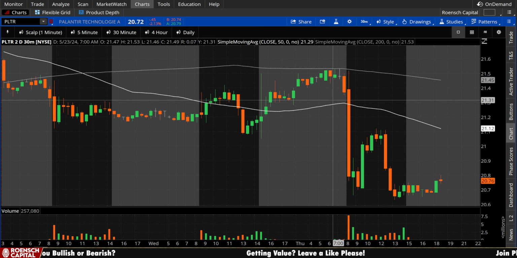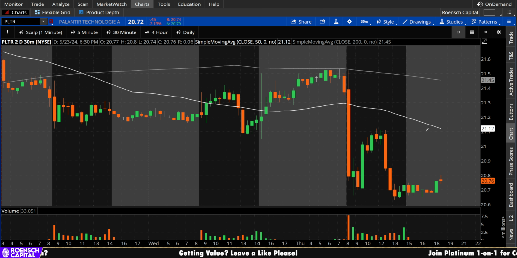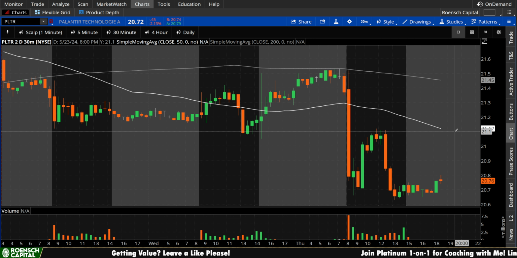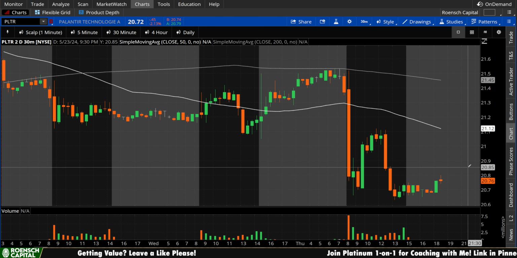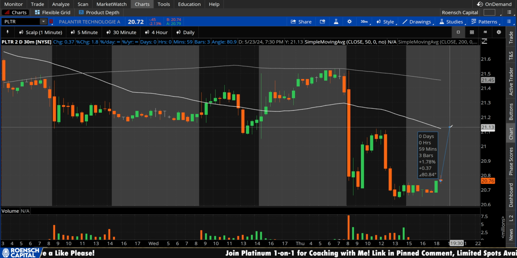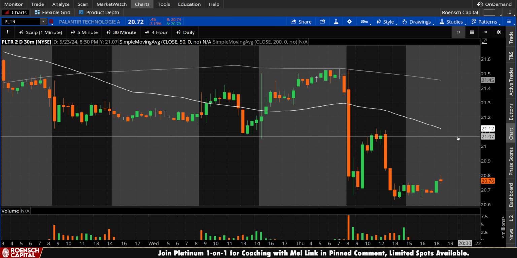That is beginning to drag the 50 period down, which, if you're a bear, could be seen as a positive as long as the stock continues to reject the 50 period on any retest. But bulls, this is a little up in the air, because the stock as of right now is about 1.74% away from the 50 period.